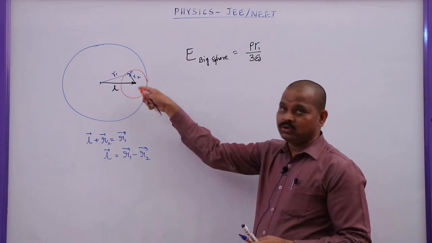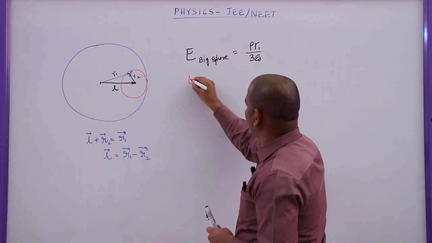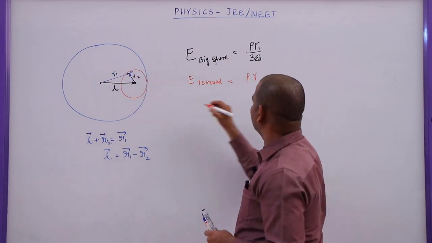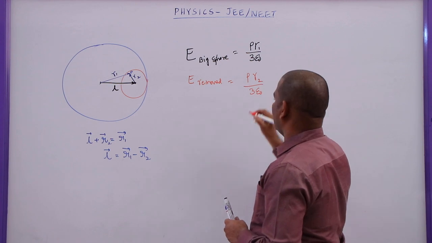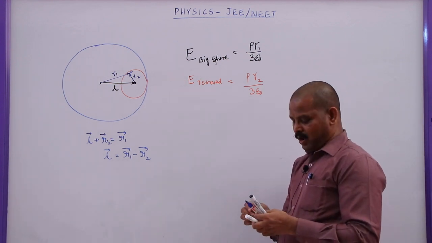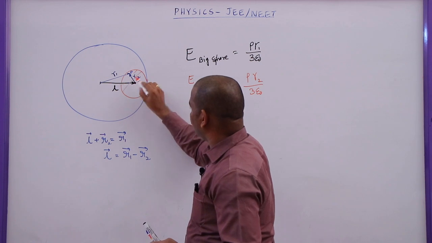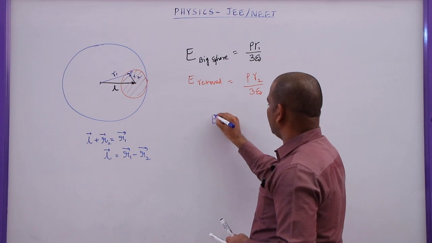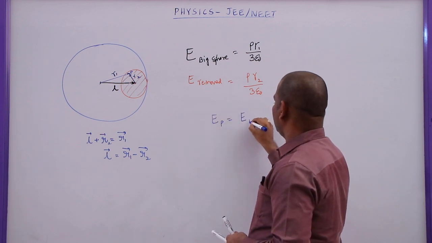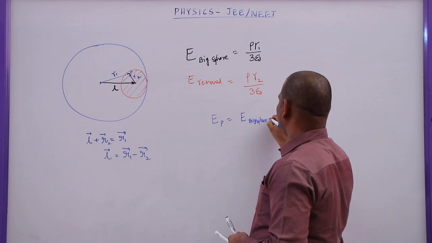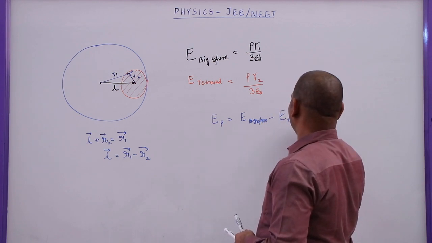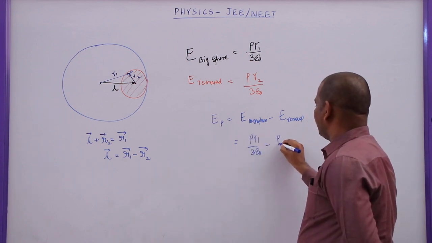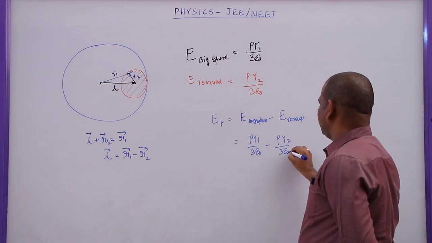Similarly, the electric field due to the removed sphere is rho r2 by 3 epsilon naught. So what is the net electric field at that point? As this portion is removed, E net at point P is given by E big sphere minus E removed, which is rho r1 by 3 epsilon naught minus rho r2 by 3 epsilon naught.